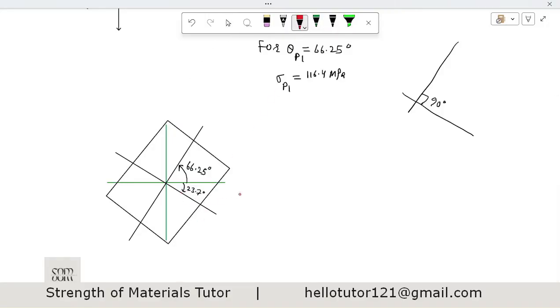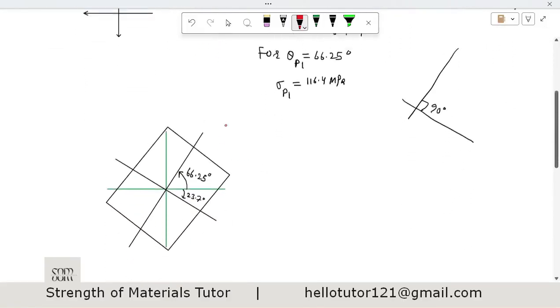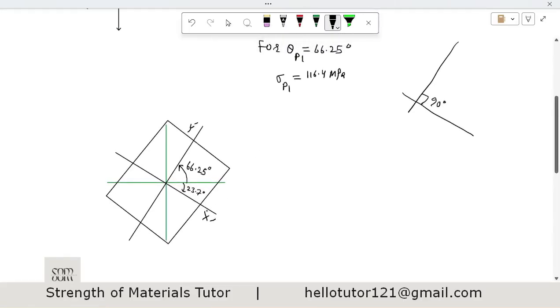Okay, now at this 23.7, what is the value? Sigma P2 is negative. Negative means compression, right? It means opposite to the coordinate axis. So this is our x prime, and this is our y prime. If we draw in this direction, it is going to be positive.